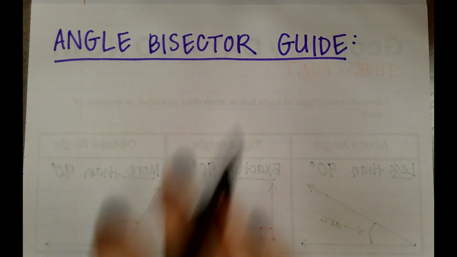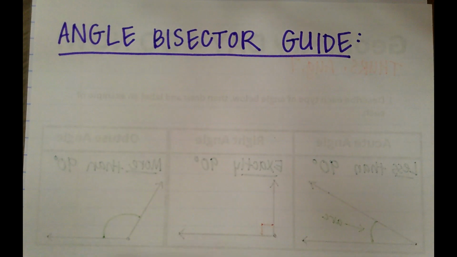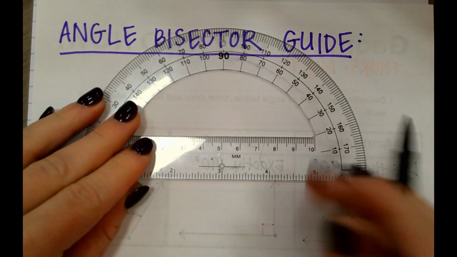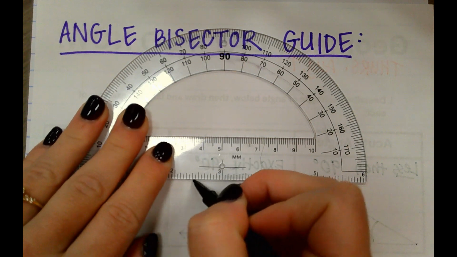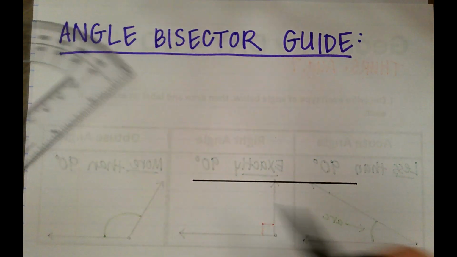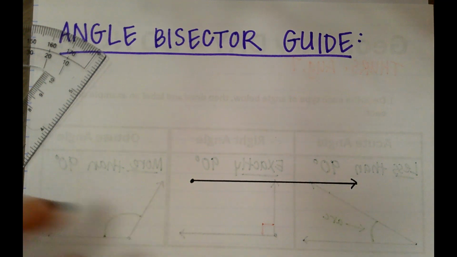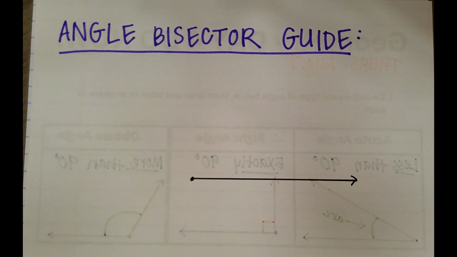And the first thing, once you've got that title, is we're going to start by drawing a picture. We'll begin with a ray. One end has a point, one end has the arrow. Wonderful.